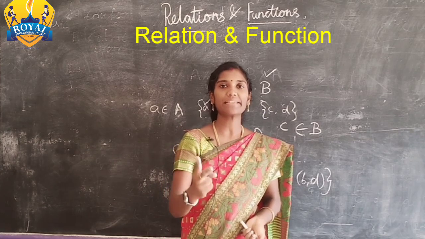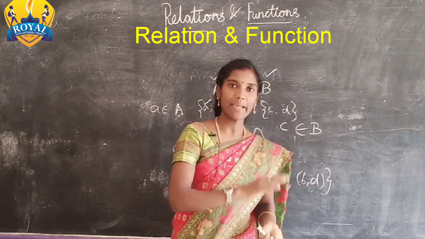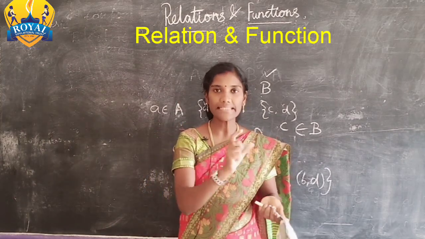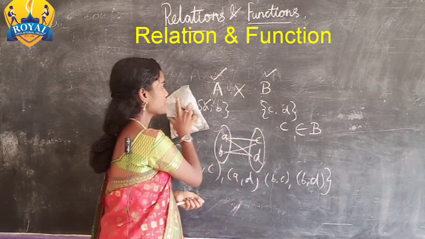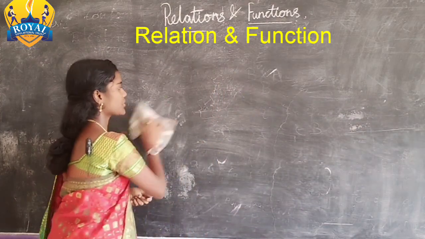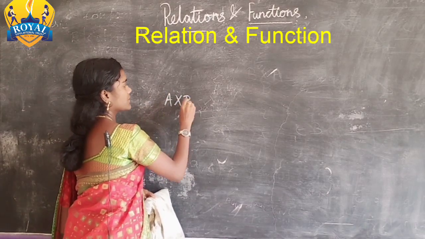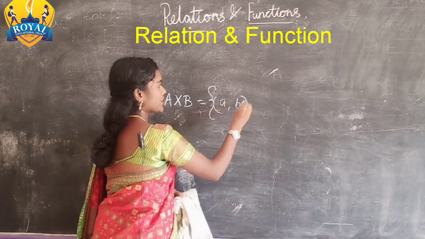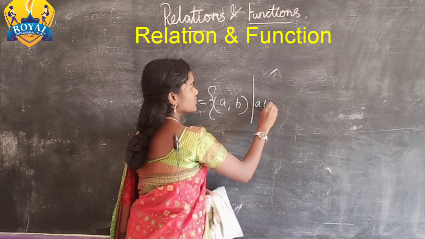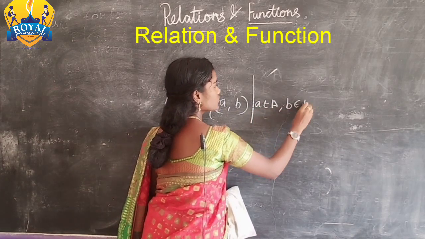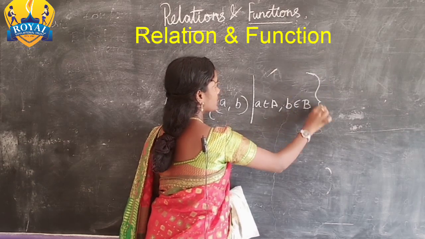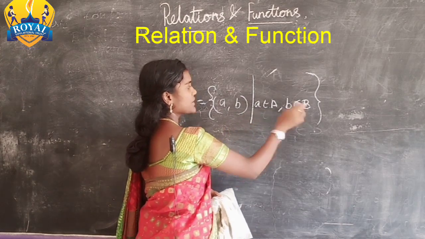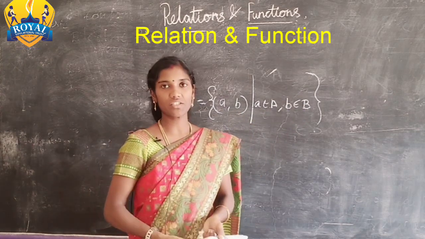The form of the Cartesian product is A cross B equals the ordered pairs (a, b) where a belongs to A, b belongs to B. This is the form of the Cartesian product.